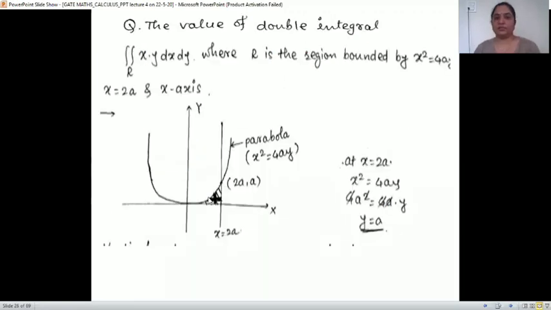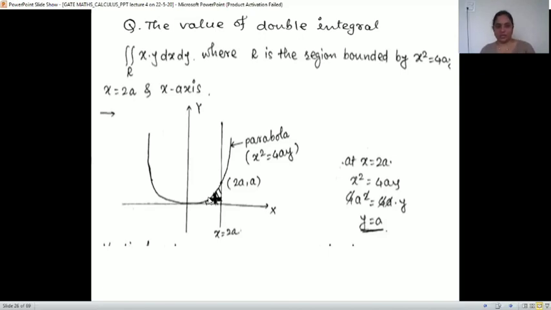Next. The value of the double integral of xy dx dy, where R is the region bounded by x square is equal to 4ay, that is the parabola along y, and x is equal to 2a and the x-axis.